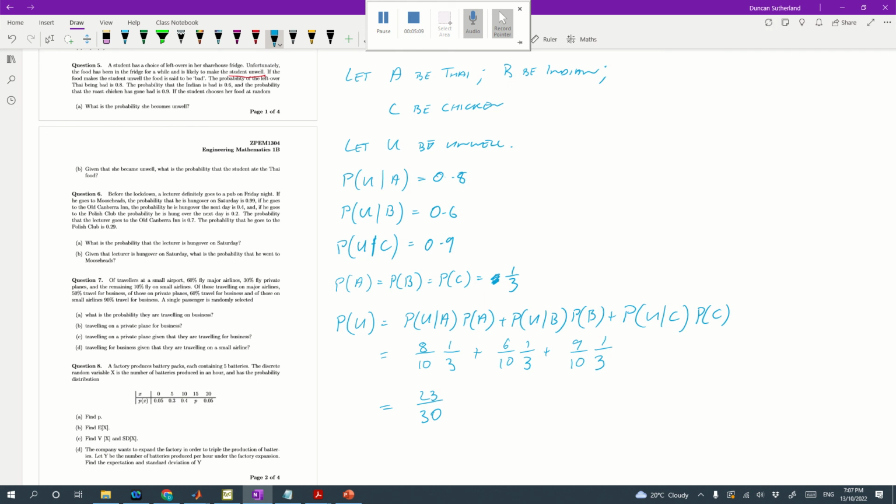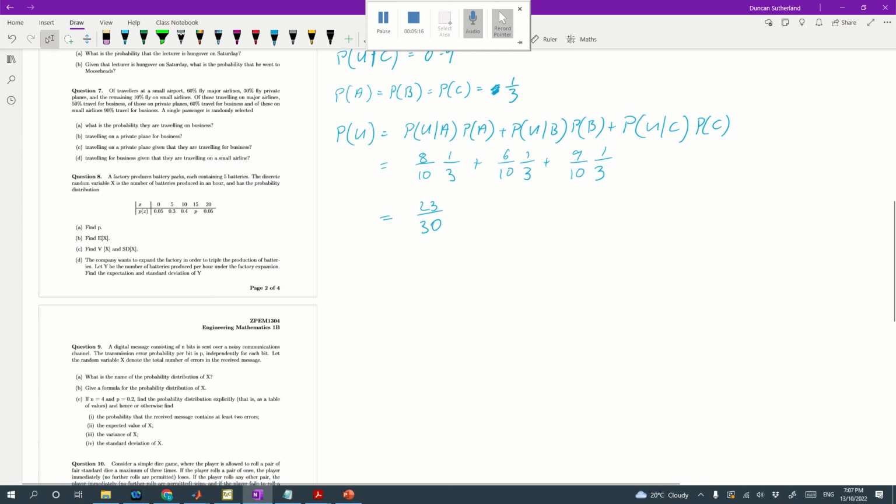So we're going to use Bayes' theorem to find out the probability of A given U. So P of A given U, which is Thai food given that the student is unwell, is the probability of unwell given A times the probability of A, all divided by the probability of U, right? We know all these things. We were told this one, we were told this one, and we just deduced this one in our previous efforts.